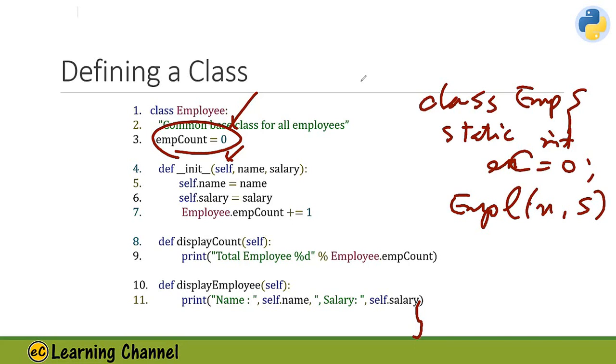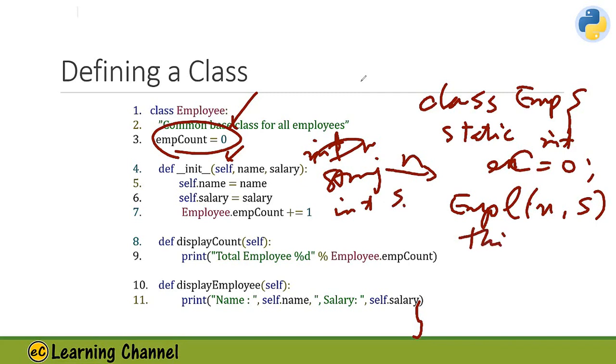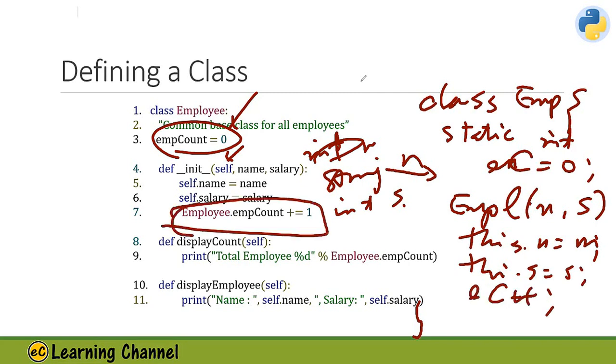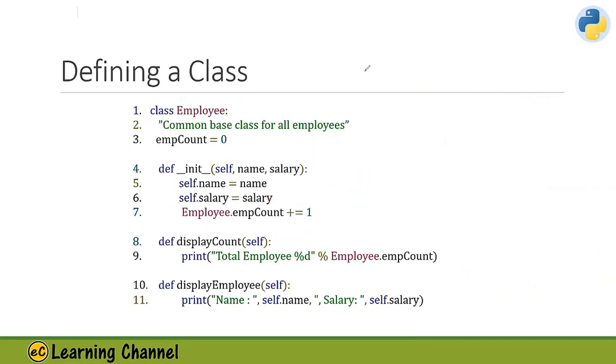And then here I should also do string name, and also integer salary, and then this.name equals name, this.salary equals salary, and then employee count increases, something like that, okay? But here you need to use a class name for it. Is that okay? It is a static variable, but you actually do need to do this one here, right?